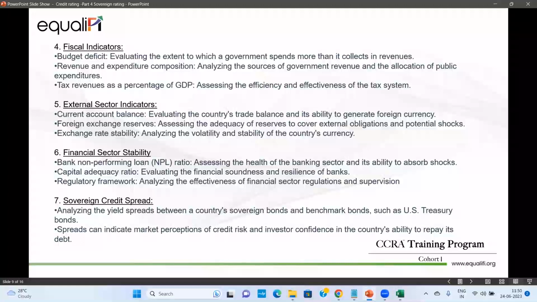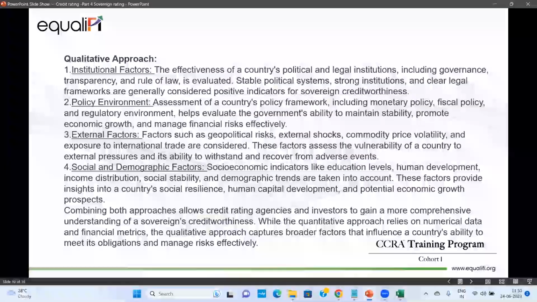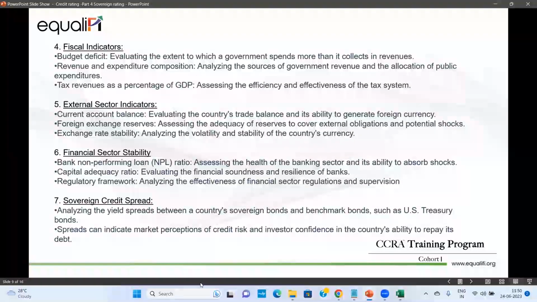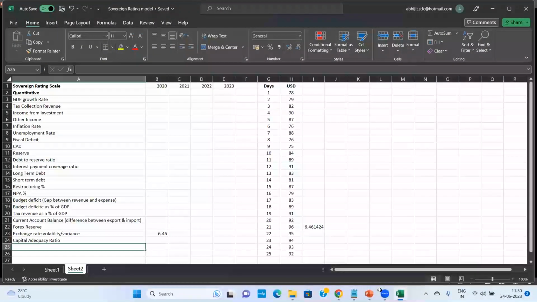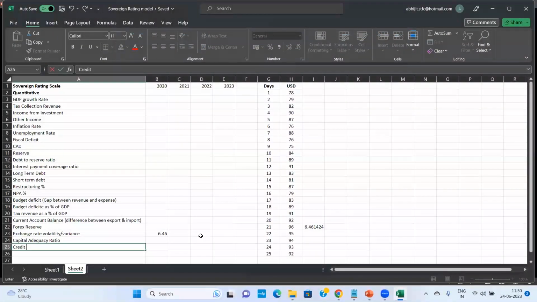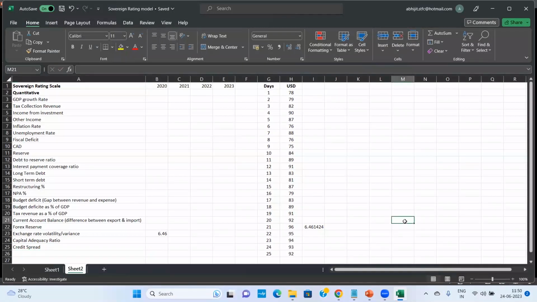Sovereign credit spread, analyzing the yield spread between a country's sovereign bonds and benchmark bonds, such as US Treasury. Right? So you can write credit spread as well.